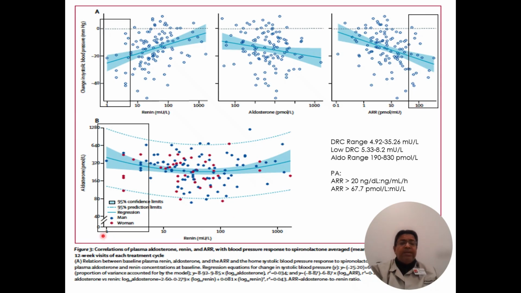And here you can see that the renin values may change markedly, but aldosterone remains relatively horizontal over the whole spectrum of renin values. So when we say low renin essential hypertension, we're really only focusing on renin and not on the aldosterone. The aldosterone is assumed to be relatively high.